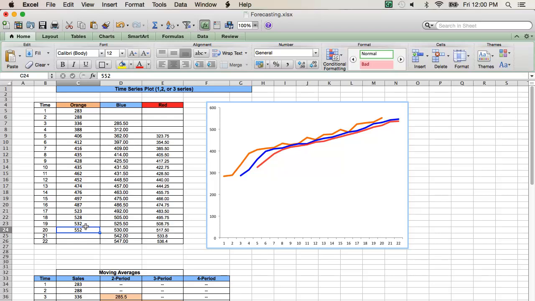And this may not be a good idea because data that are farther back in history within our time series may be less representative of the present and the future.